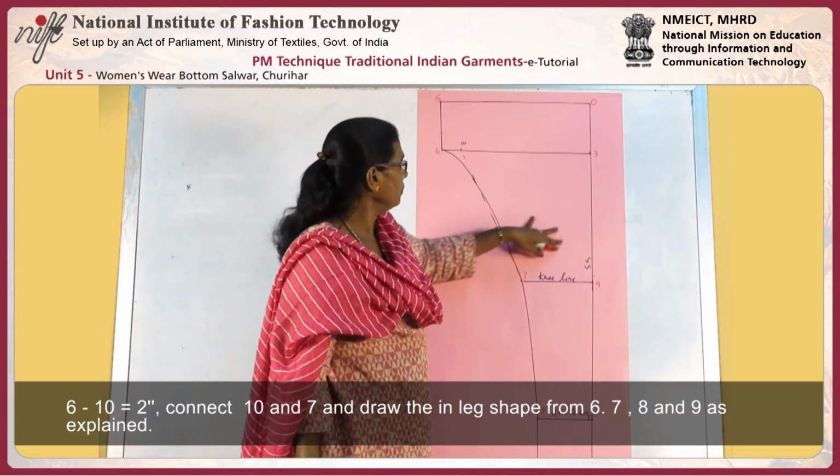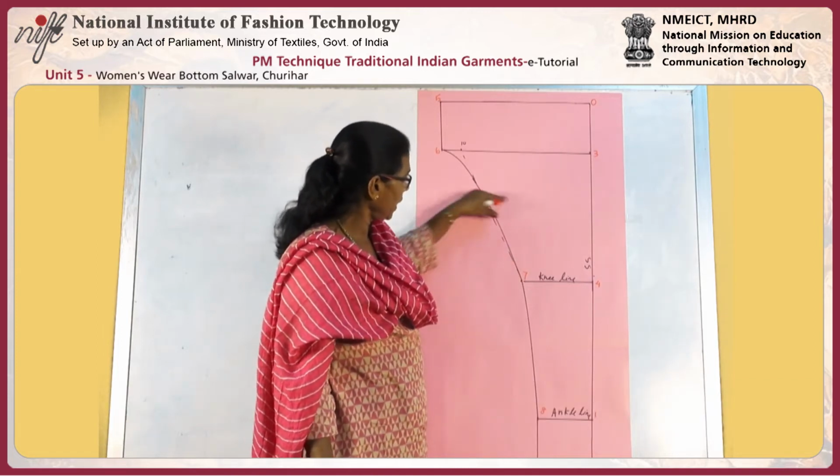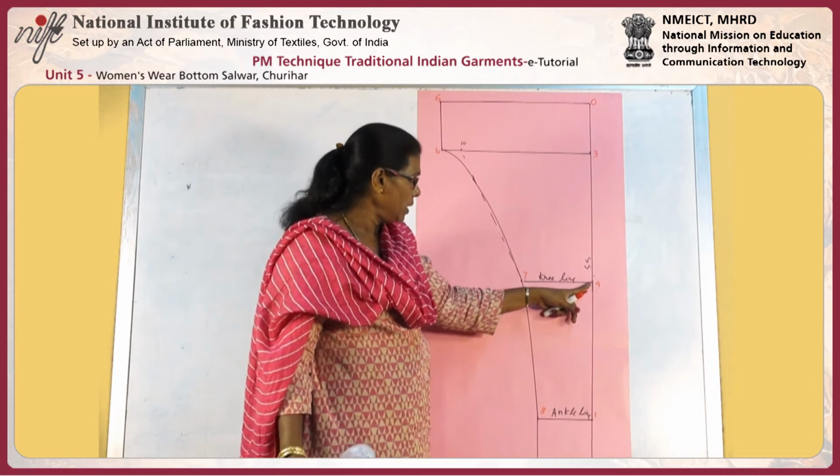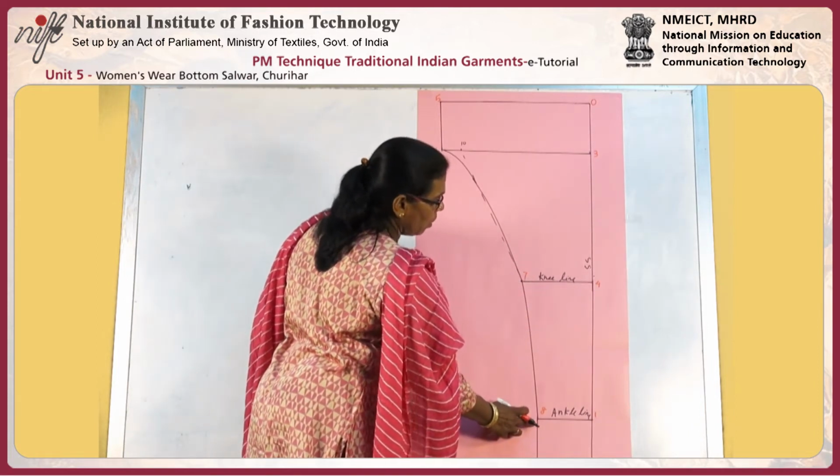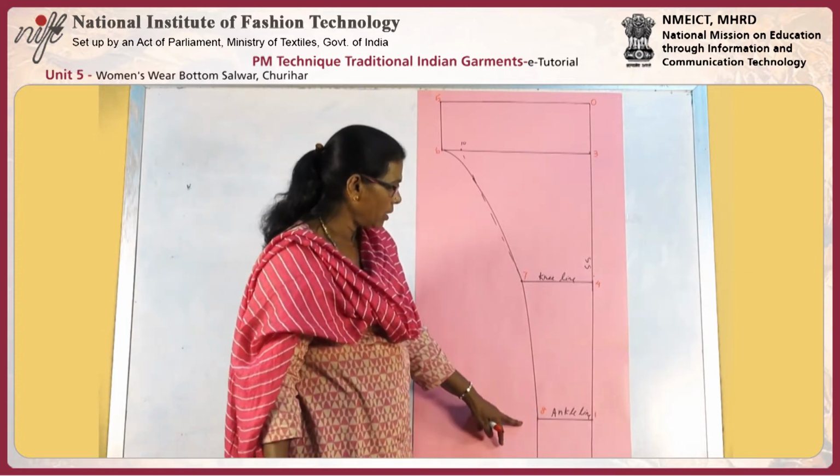This will give the fit at the thigh with the excess of ease, and knee measurement with quarter inch ease, ankle measurement with quarter inch ease.